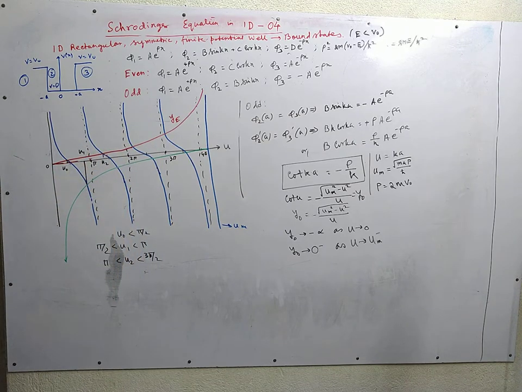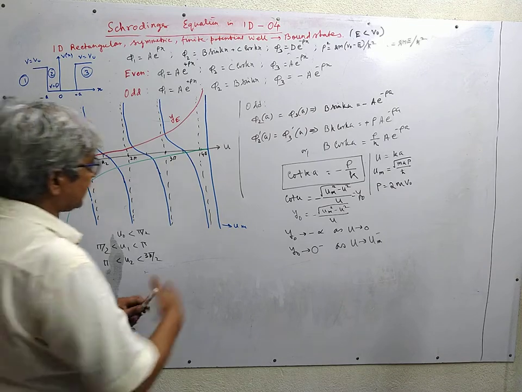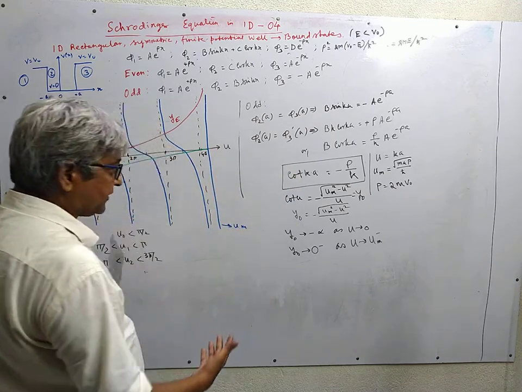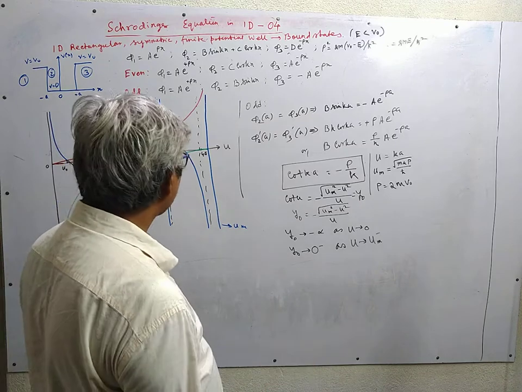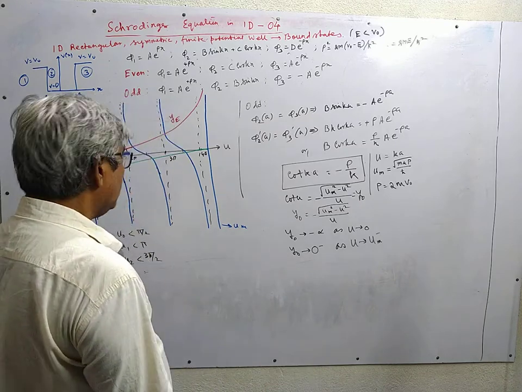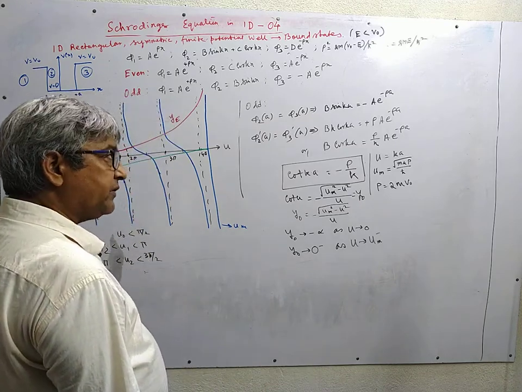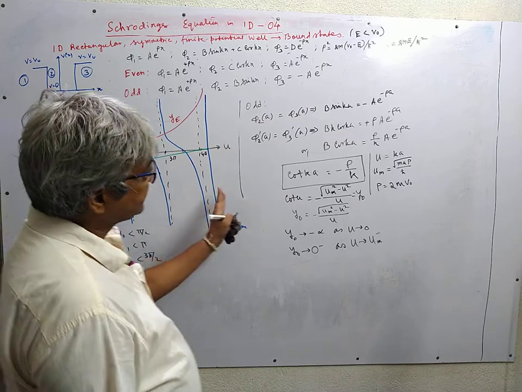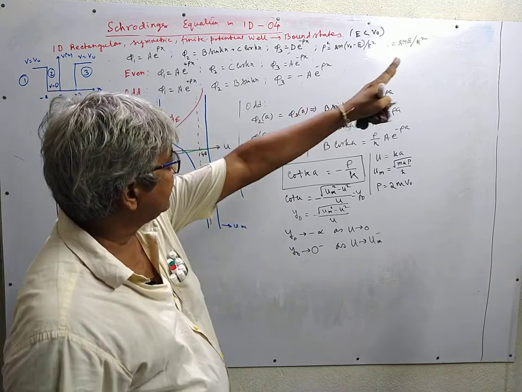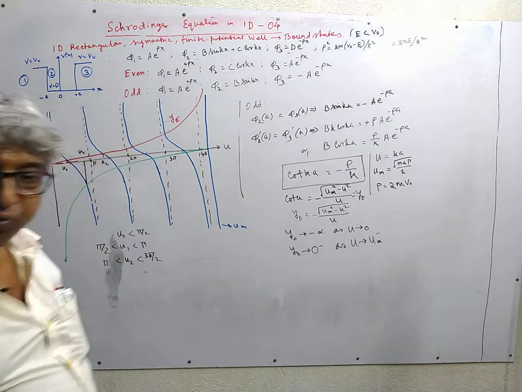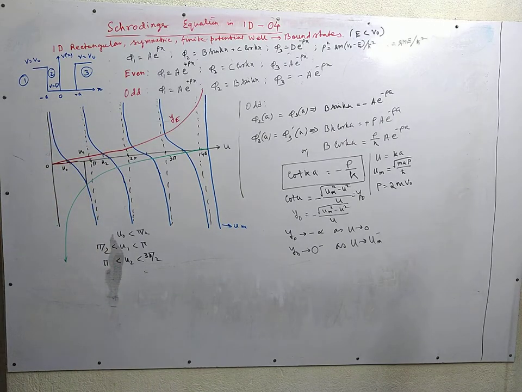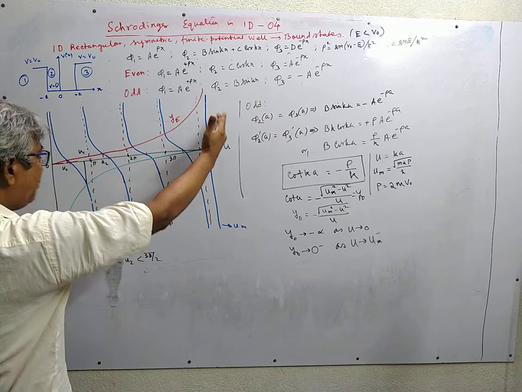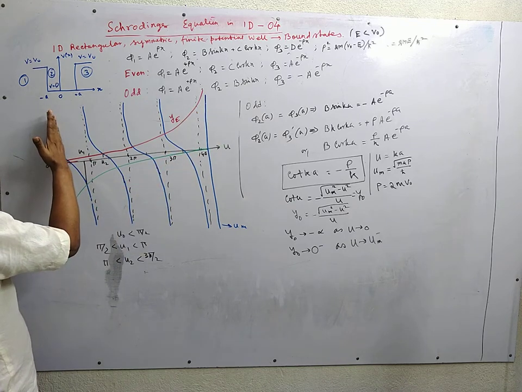So we see the greater the strength of the potential, the greater is the number of bound states that it can hold. In the case of an infinite potential well, this line is at infinity, and we have an infinite number of bound states. If we have a very shallow well, that is V0 is very small, then the line comes very close to this.